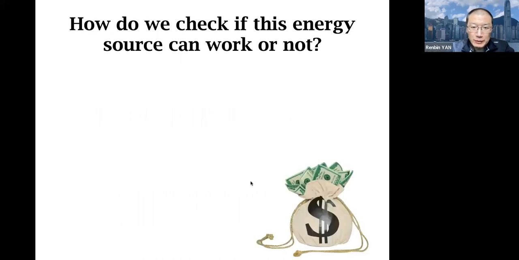So we want to go through this reasoning. How can we check if this assumption works or not? The assumption is that the sun is burning coal, but how do you prove that is not the right theory for the sun's energy production? How do we check if an energy source can work or not?